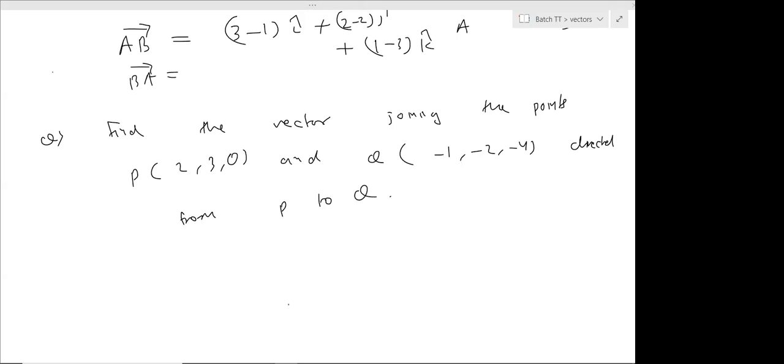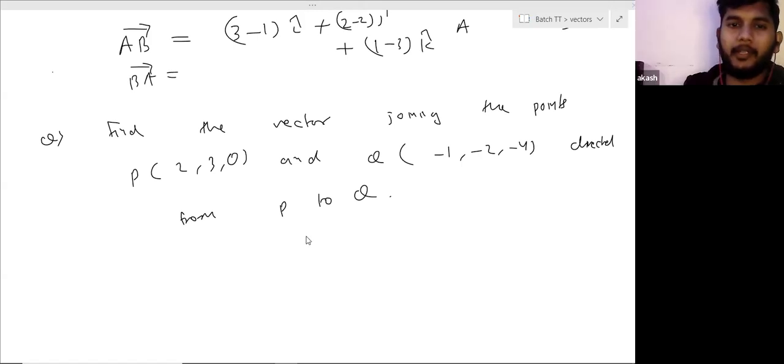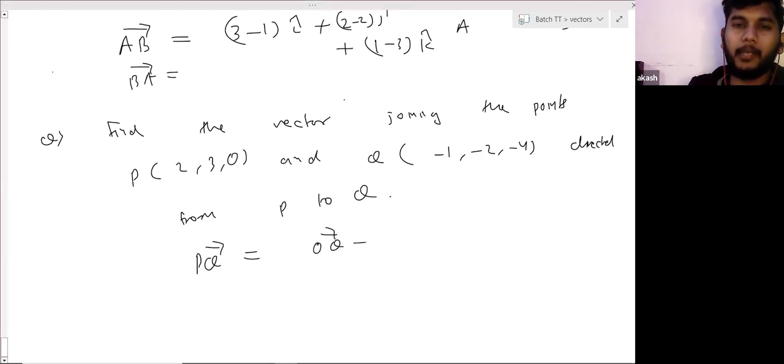All right, so they want to find a vector directed from P to Q. So they want to find PQ vector, and PQ vector we all know. Please check if it is positive or negative, right? You will do OQ vector minus OP vector.